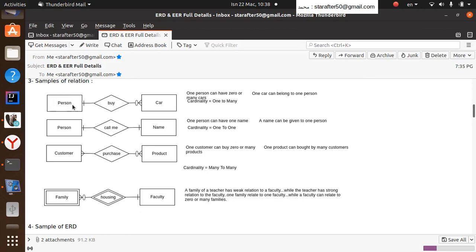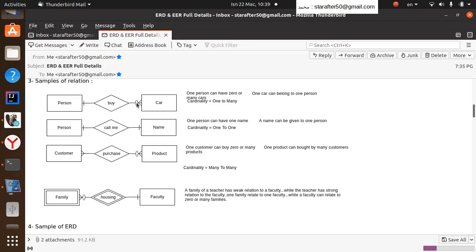Let's ask ourselves. When we want to figure out these things that we put, these things represent the cardinality and the ordinality. These things, these lines, these shapes, represent the maximum number of relation and the minimum number of relation.